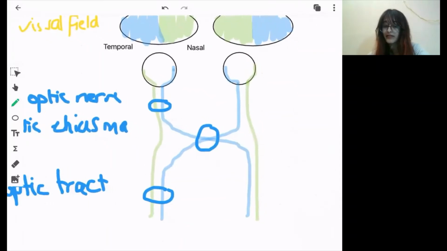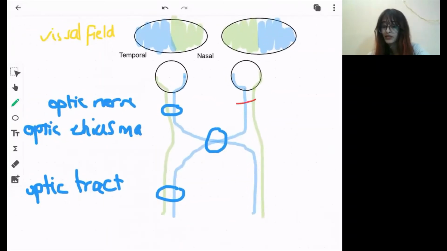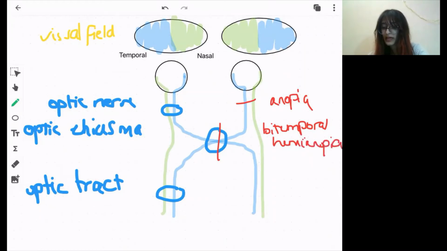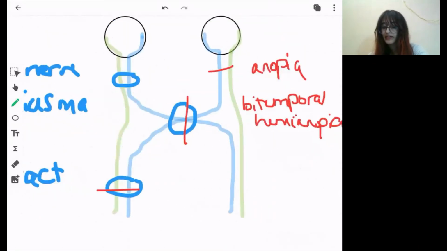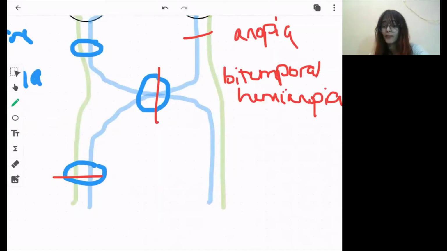Three main defects. If there is damage to the optic nerve, you will have anopia. If there is damage to the optic chiasma, there will be bitemporal hemianopia. And if there is damage to the optic tract, there will be homonymous hemianopia.